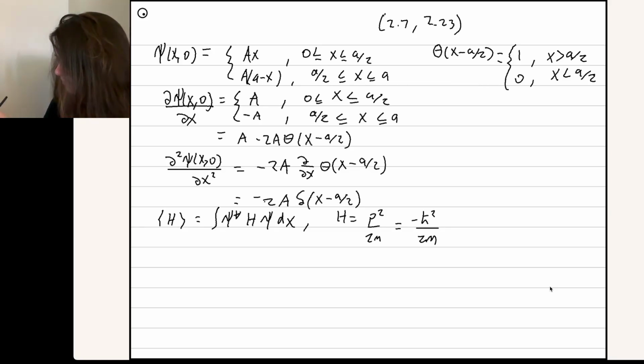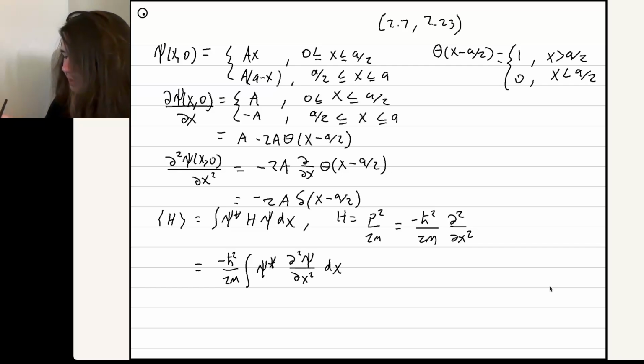We have minus h bar squared over 2m del squared del x squared. So this is looking more like psi star with a minus h bar squared over 2m out front. And then it's del squared psi del x squared dx.